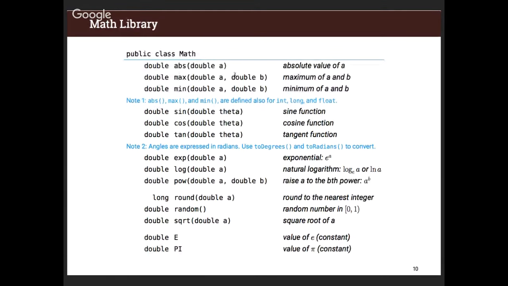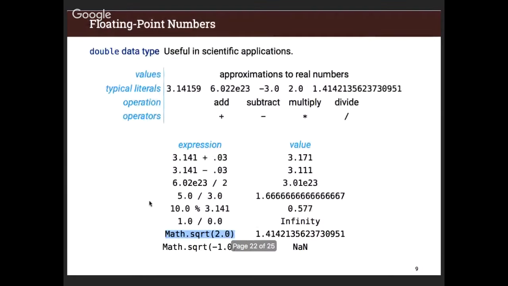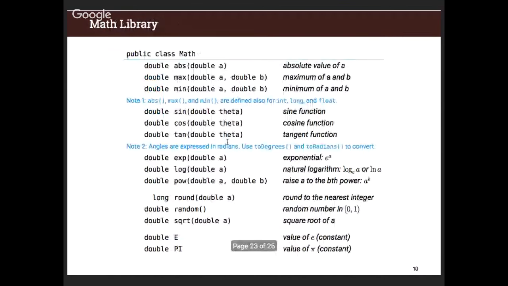ABS, max of 2 doubles, min of 2 doubles, so the minimum and the maximum and the absolute value. And here it only says abs, max, min, but when you use them, you're supposed to write math dot. We've seen this a few times now. Well, we've seen system dot out. So sometimes there are these prefixes we add to certain commands that we give Java, and that's fine. We'll get used to them, and later on we'll discover what they really are about.